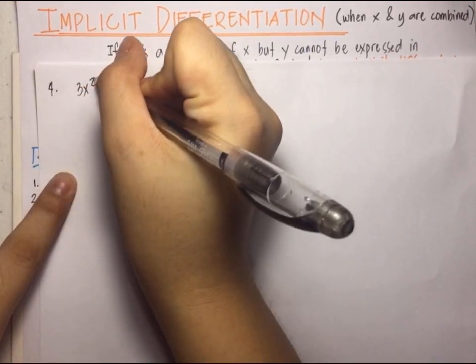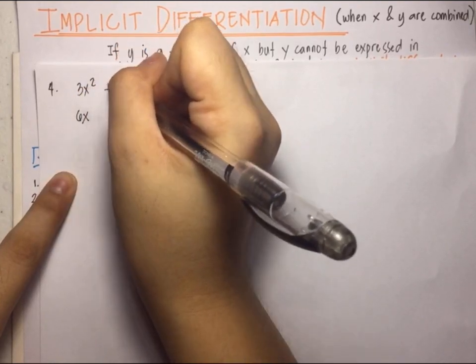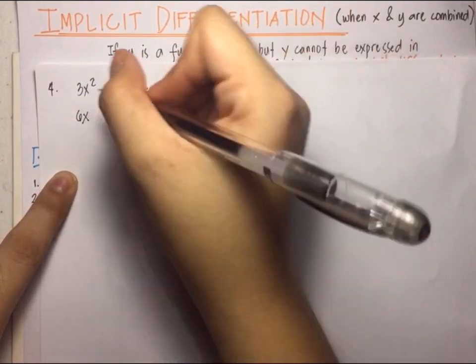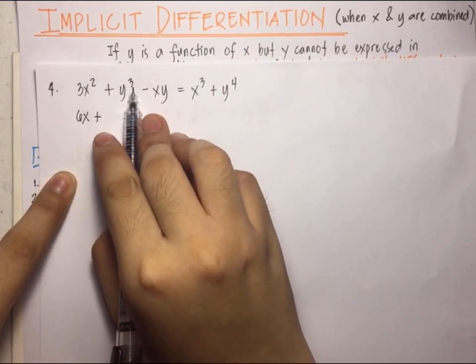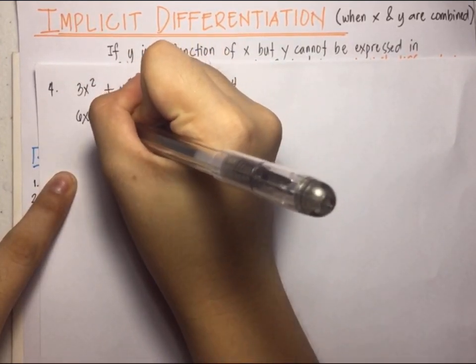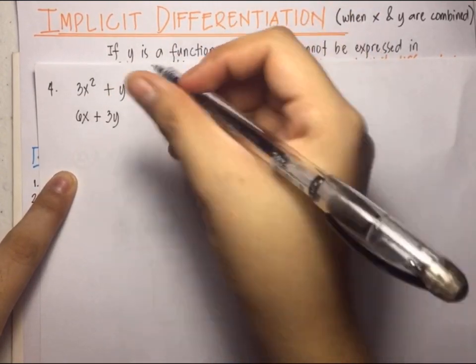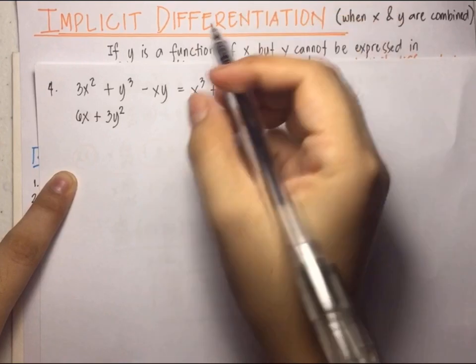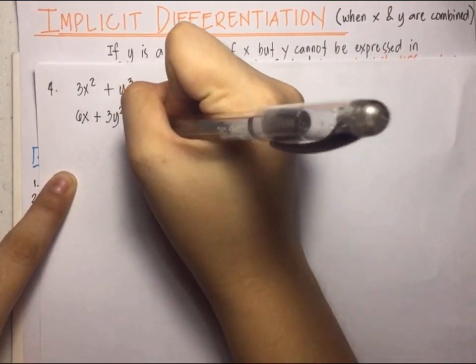Apply power rule, so we have 2 times 3 is 6 times x raised to 2 minus 1 is just 1. Plus, derivative of y cubed, apply power rule again, 3 times y raised to 3 minus 1, which is 2. Since this is y, multiply it by dy over dx.